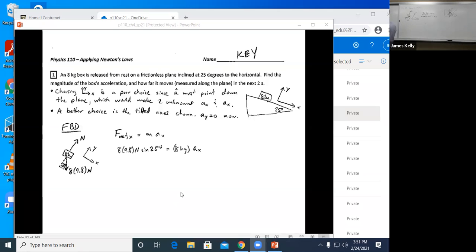Find the magnitude of the acceleration down the plane and then how far it moves in the next 2 seconds following being released from rest.